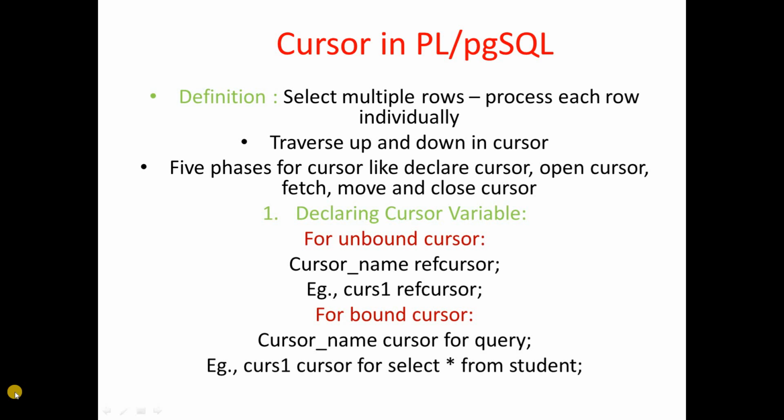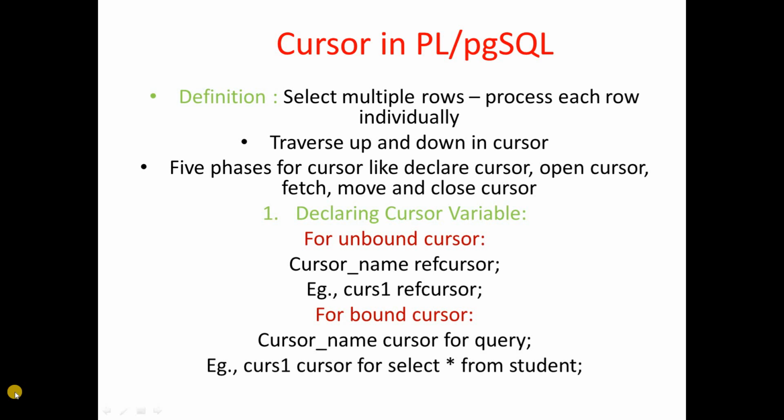Fetch and move phases are both optional. The move phase is used to reposition your cursor, and the last phase is to close the cursor which was opened. Let's see all the phases one by one.